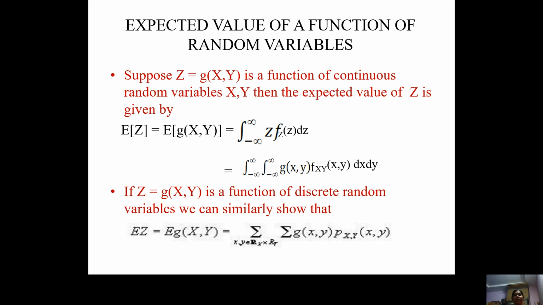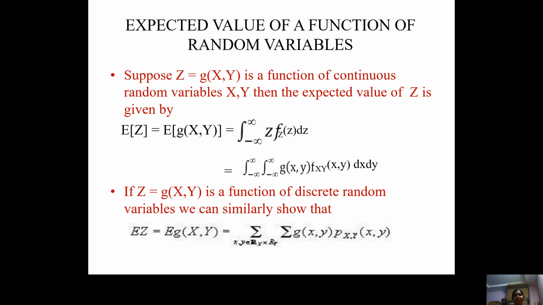So it is the integral of g of x comma y times f x y of x y dx dy. Here g of x y is the function, and f x y of x y is the joint probability density function of both x and y. Since we have taken two random variables, we have two integrals.